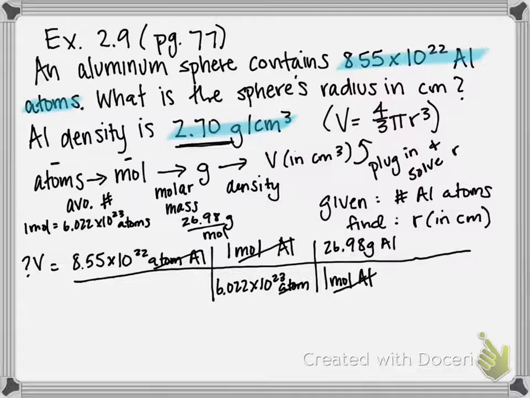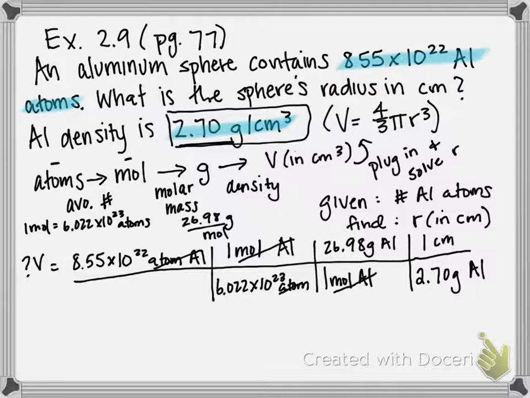And then we're in grams, and we want to relate grams to volume, so we're going to use the density. Remember that bottom centimeters cubed is an understood 1 next to it. So what we want to cancel goes on the bottom, 2.70 grams of aluminum, and on top, 1 centimeter cubed. So that means grams cancel, we're left with centimeters cubed. That's what we want for this part.